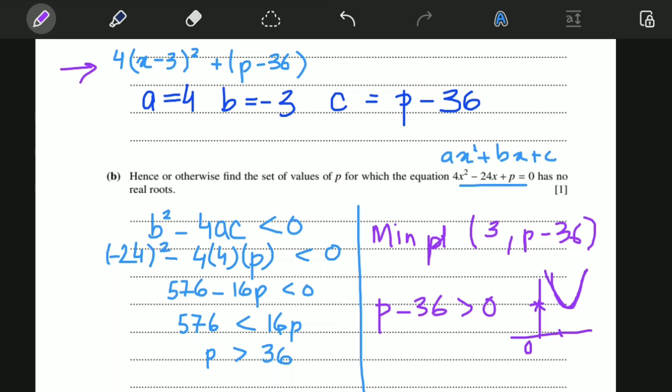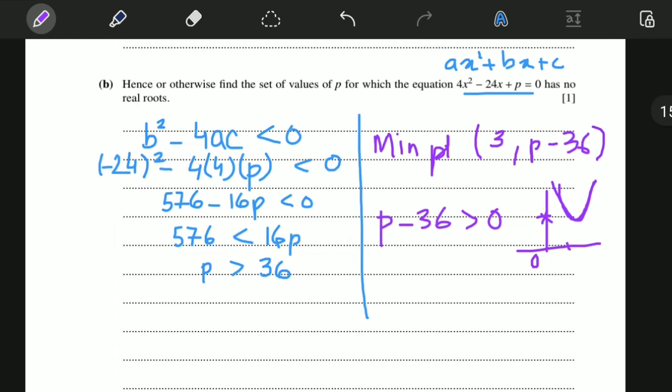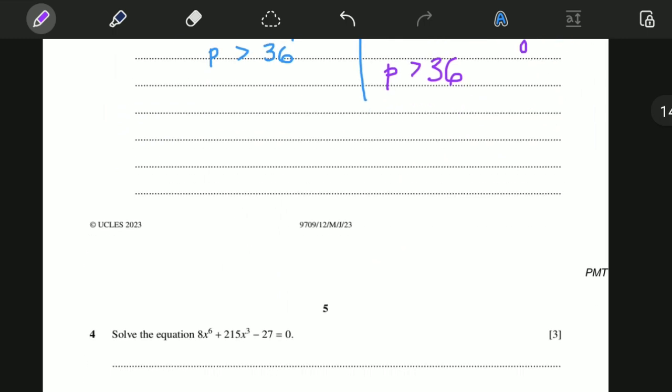As I already said, in the case of imaginary roots, the curve is not going to intersect the x-axis. So from this we can clearly infer that p is greater than 36. We get the same solution from this completed square form. So this is all about your part B.